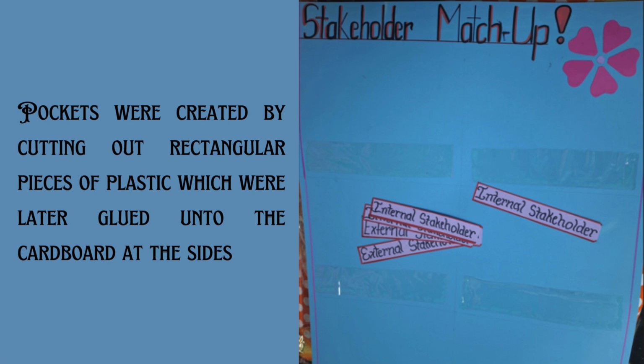Now, after I had those done, I created pockets using clear plastic. I cut them into rectangular pieces so that they could be see through, and I glued the sides of them onto the cardboard.